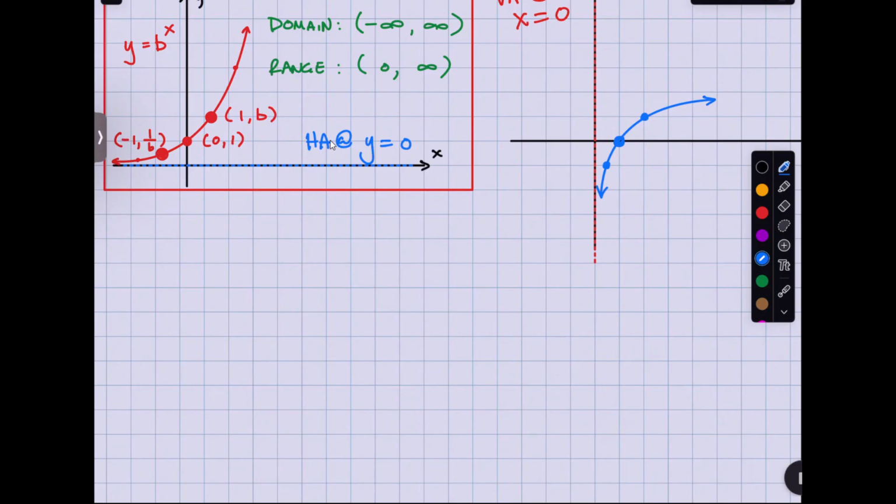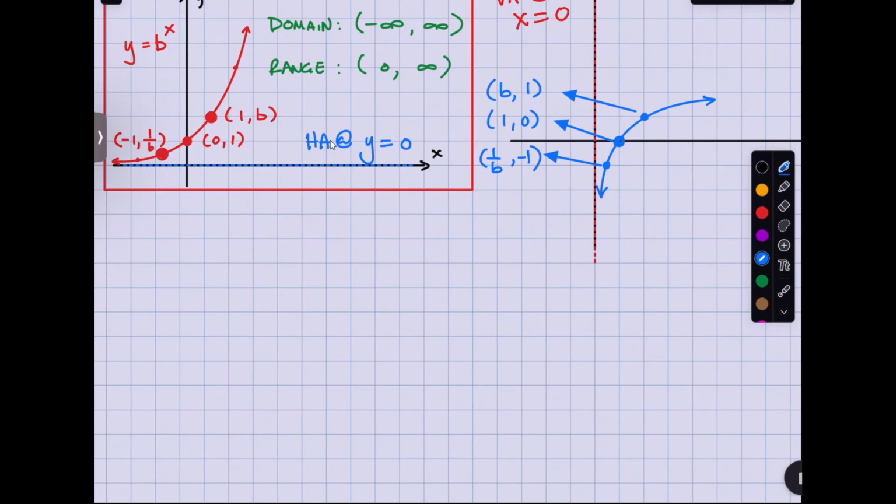So now I have a graph like this. You guys see how all those x's and y's switched, right?